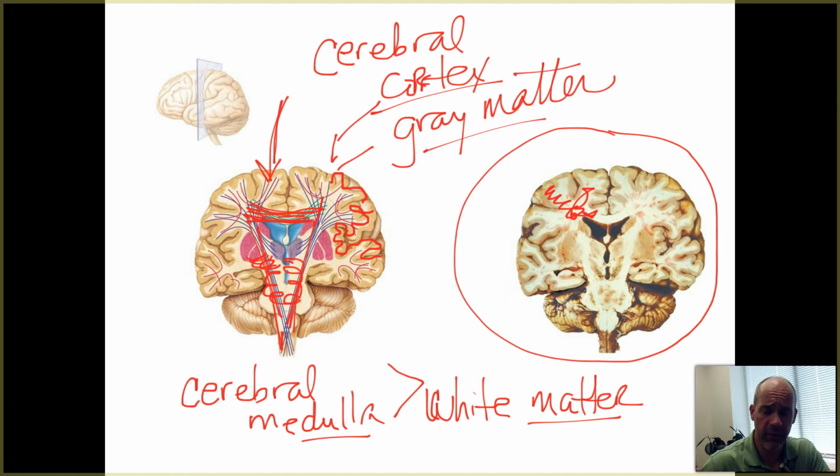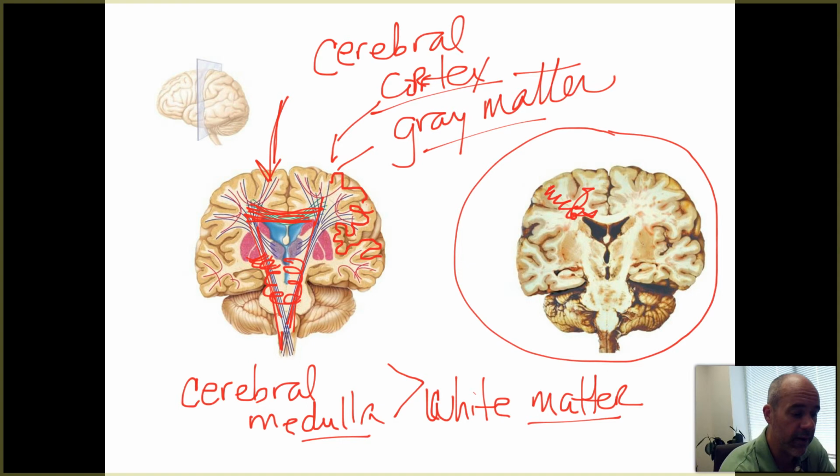But basically in those white colored areas, you don't have many cell bodies of neurons. Instead, you have lots and lots of these myelinated axons, this wiring between neurons in different locations of the nervous system. And so anywhere in the central nervous system where you have lots of myelinated axons and few cell bodies, you're going to have white matter.